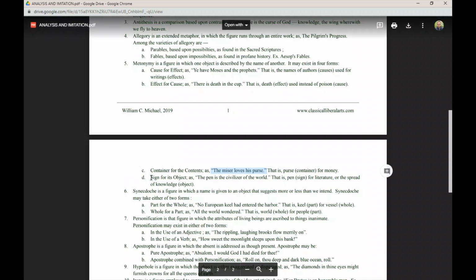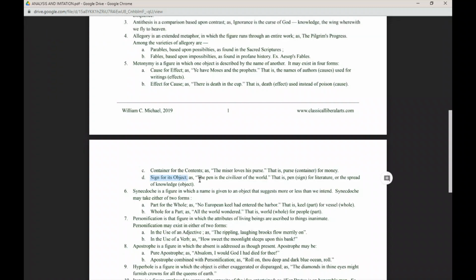And then lastly, a sign for its object. A sign used to refer to its object or what it signifies. The pen is the civilizer of the world. Now, obviously, that's not true. A pen does not civilize the world.